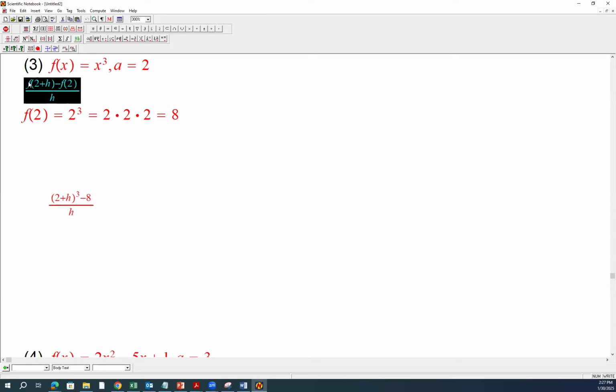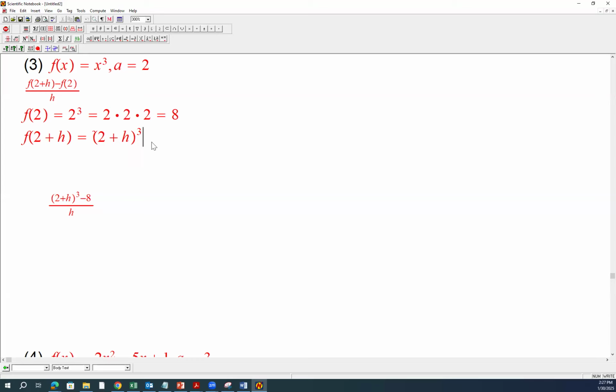And how about f of 2 plus h? Well, that's going to be 2 plus h to the power of 3. Okay? And then we're going to FOIL this. Let's see what we get for foiling.